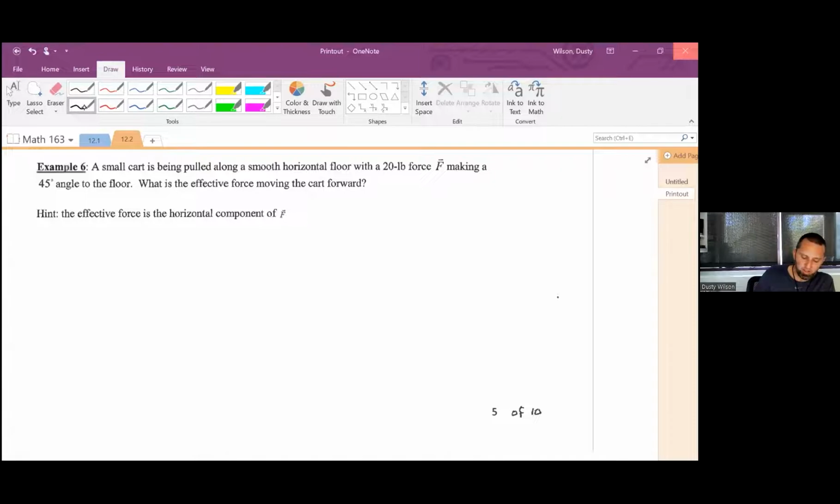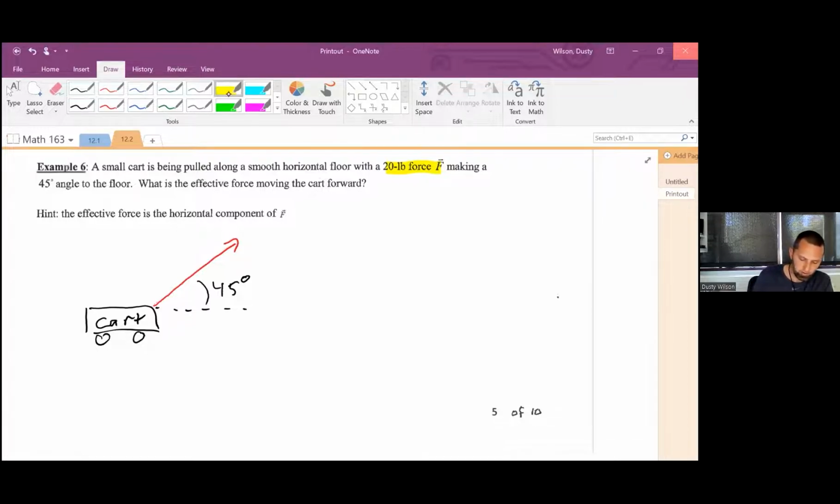So let's draw a little picture. So we have our cart. Supposedly there's probably wheels on it because we don't really want to deal with friction. And then there's a 20-pound force. And that 20-pound force is going to be at an angle of 45 degrees.